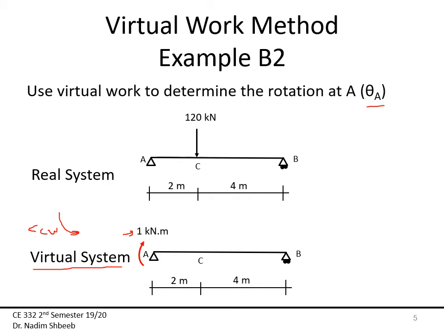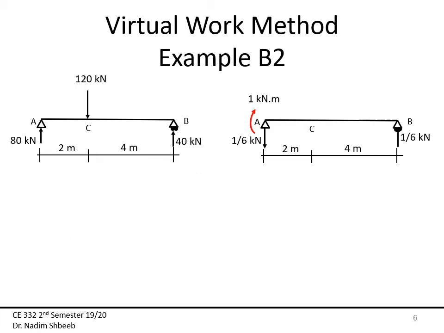If it is not, I will just get a negative answer. So don't worry about the right sense of the rotation, and at the same time also don't worry about the right sense of applying the force, whether it's going to deflect downward or upward. If you get a positive answer at the end, then you know that the direction you chose at the beginning was correct. If not, it's just going to be a negative value. So don't fret or worry about that too much. Just assume any direction and move on.